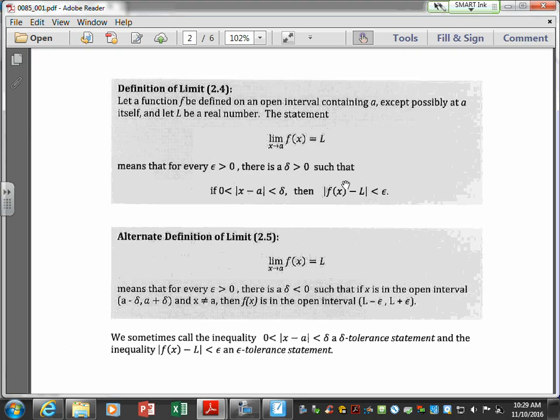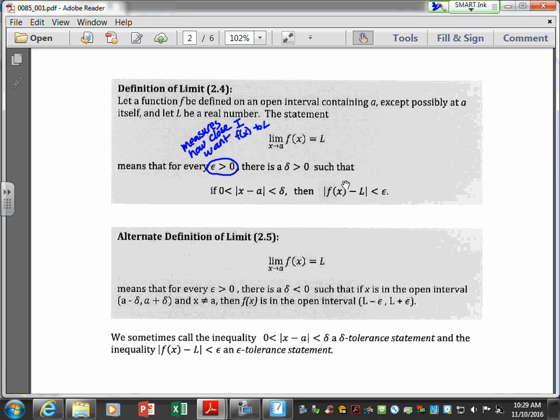Okay, so let me just make a note on that. This epsilon greater than 0 measures how close I want the function f of x to L, to the limit.